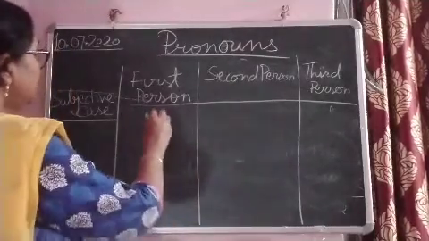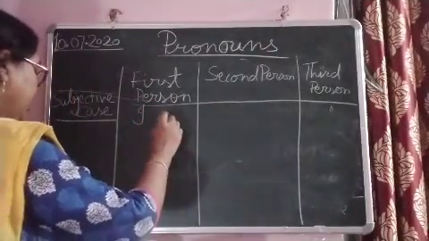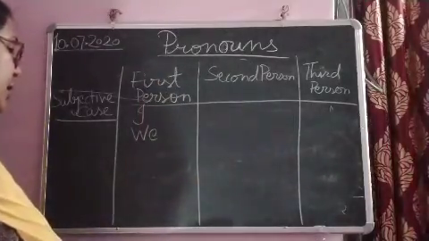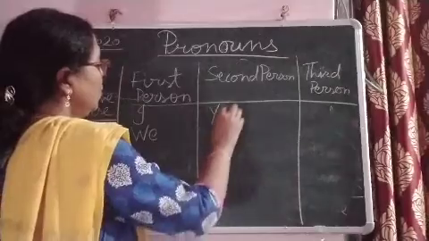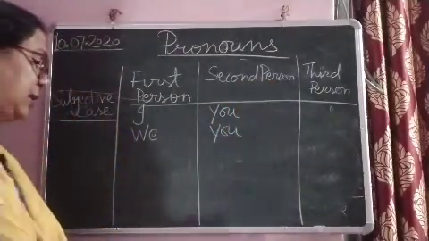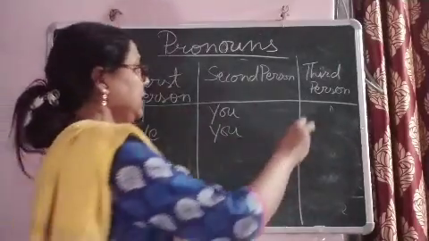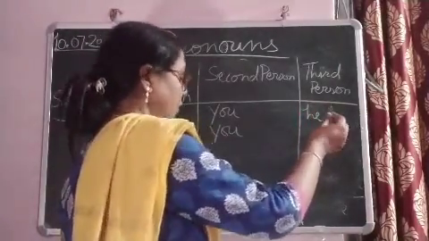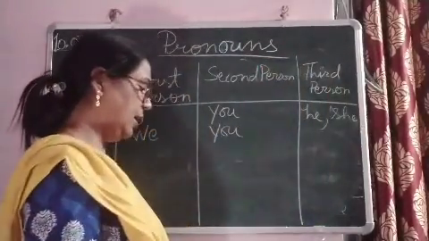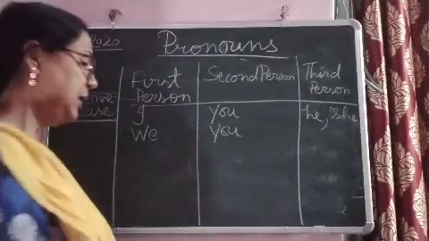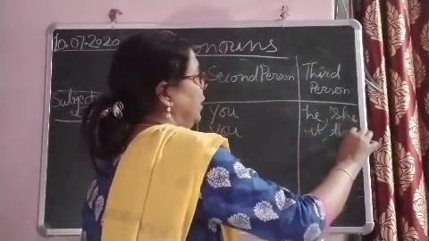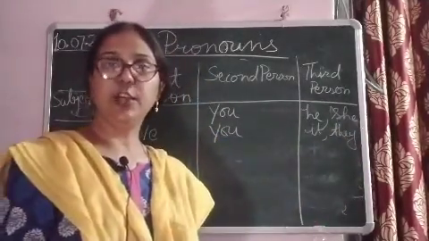Now, in first person I am going to write I and we. In second person, you and you. And in third person, he for male, she for female, and it for it and they for the neuter gender.